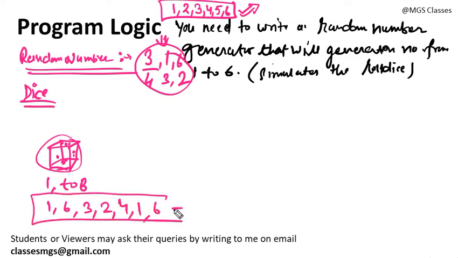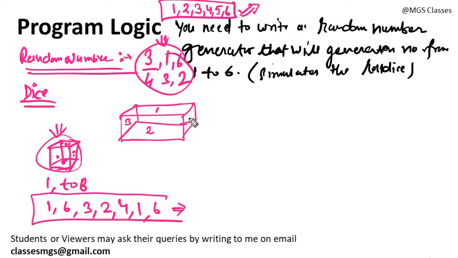A dice is a cube-like structure which has the numbers 1 to 6 printed on its sides. Let's suppose 1 is printed here, 2 here, 3 here, 4 here. So 6 numbers are printed on the sides of the dice, and if you roll it, any number between 1 to 6 may come. This program is what we essentially need to write.